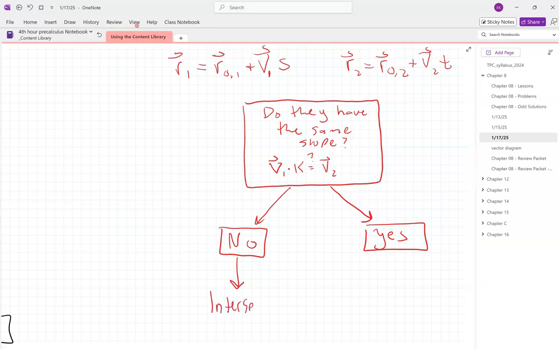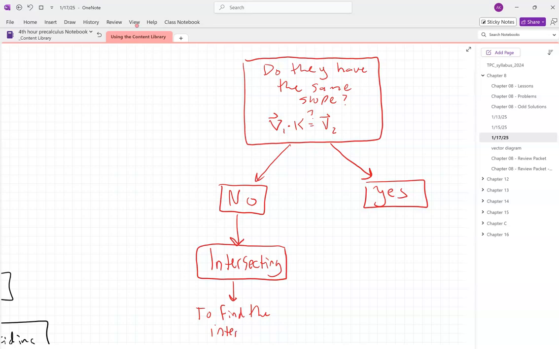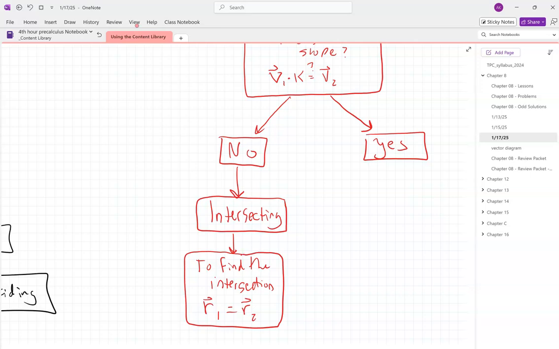If it's no, again, we know they're intersecting. And to find their intersection, we just take the two vector line equations and set them equal to one another.